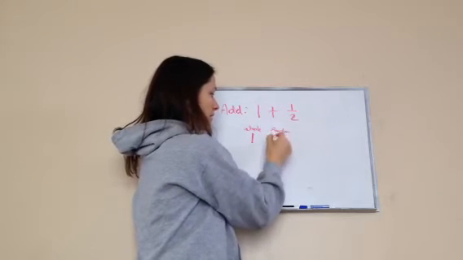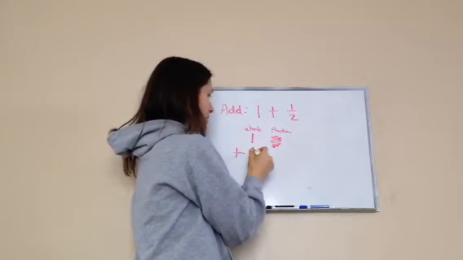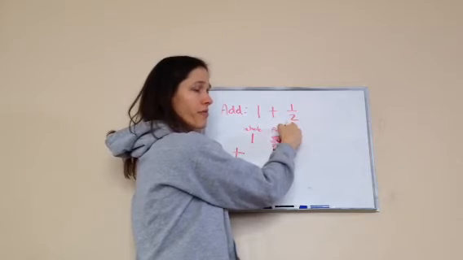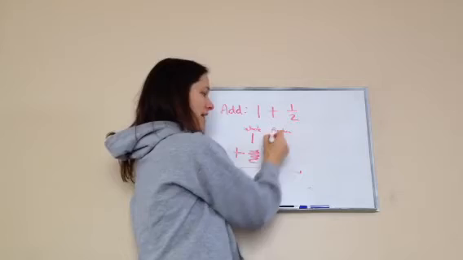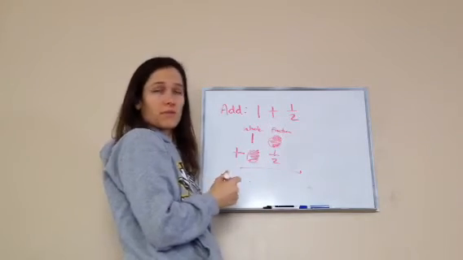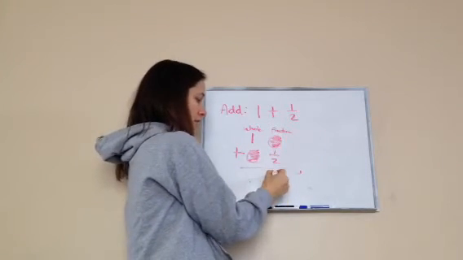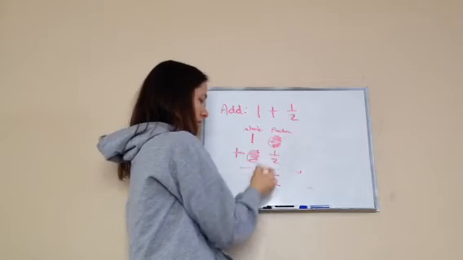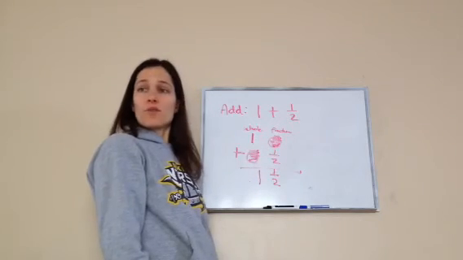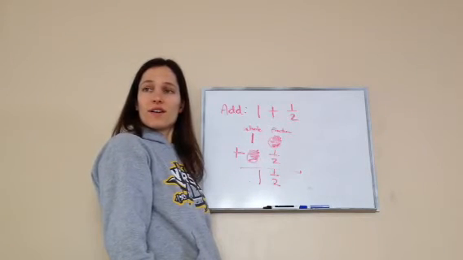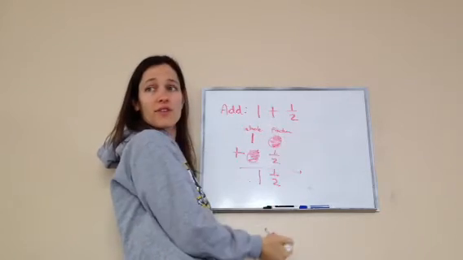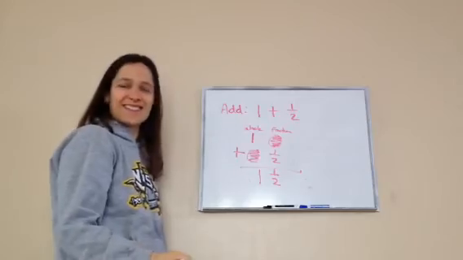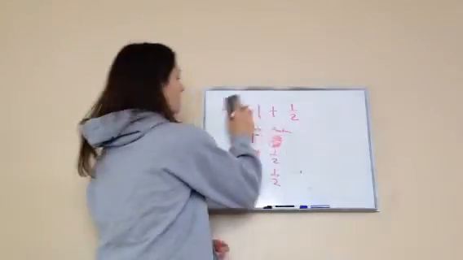No. Plus, do I have any whole numbers on this one? No. Plus 1/2. So you could pretend like that says 0 and that says 0. So 0 plus 1/2 is 1/2, and 1 plus 0 is 1. So 1.5. Or you could have just said 1 plus 1/2 is 1.5. You get it? Okay, let's do one more.